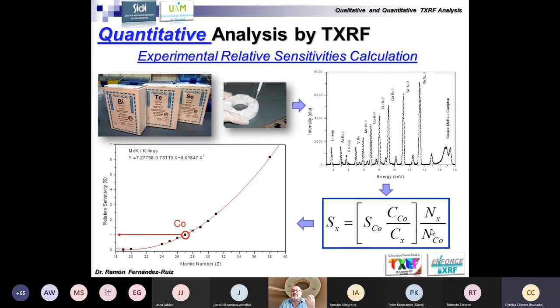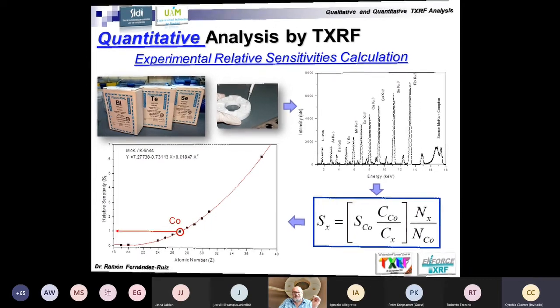And the intensities are extracted and measured. We obtain the single points, you can see, and all the other atomic numbers can be obtained by polynomial interpolation. And then we can have the sensitivity factor of all the elements in the region of measurement.